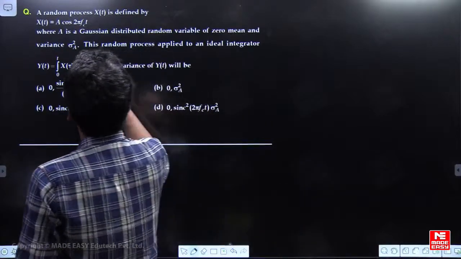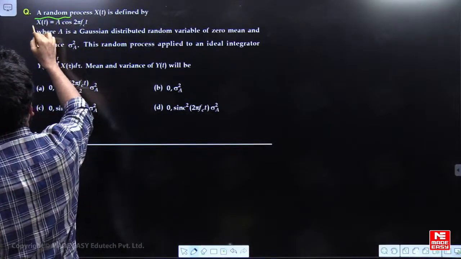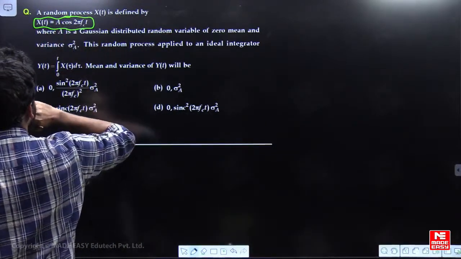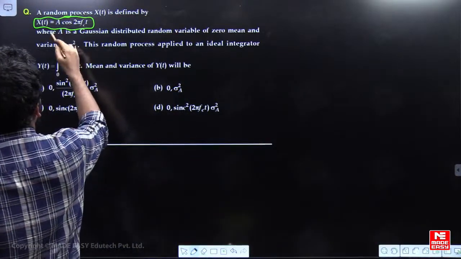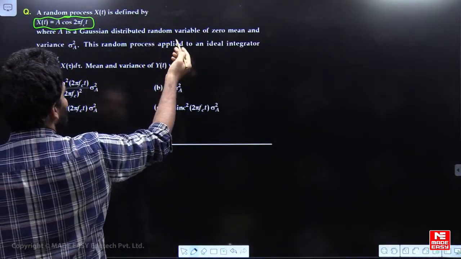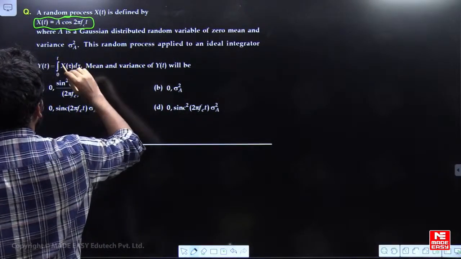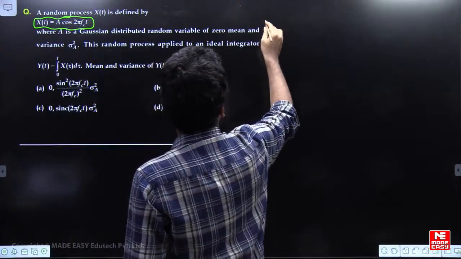A random process x(t) is given like this: A cos 2 pi f_c t. Here A is the Gaussian distributed random variable of 0 mean and variance sigma_A square.